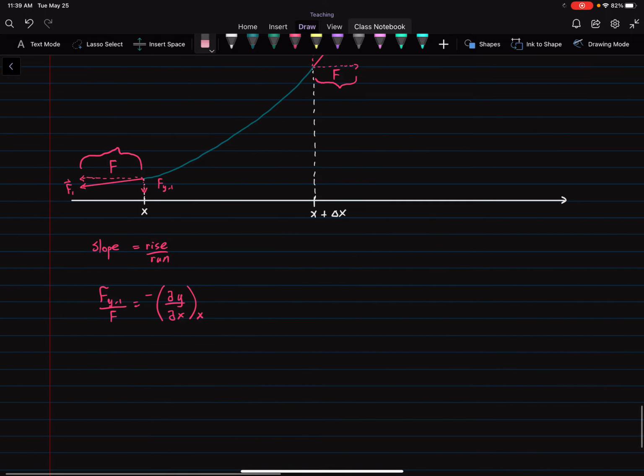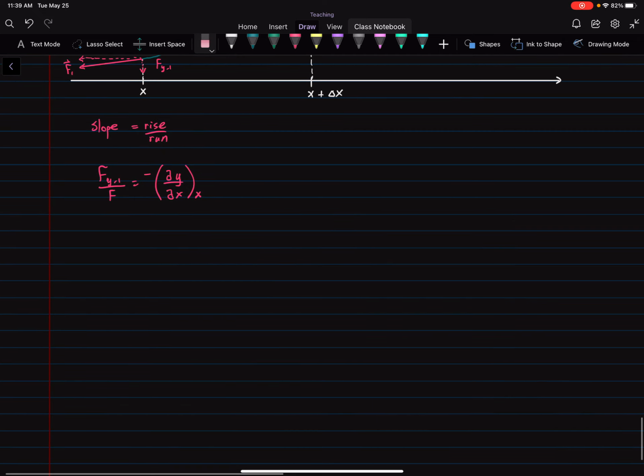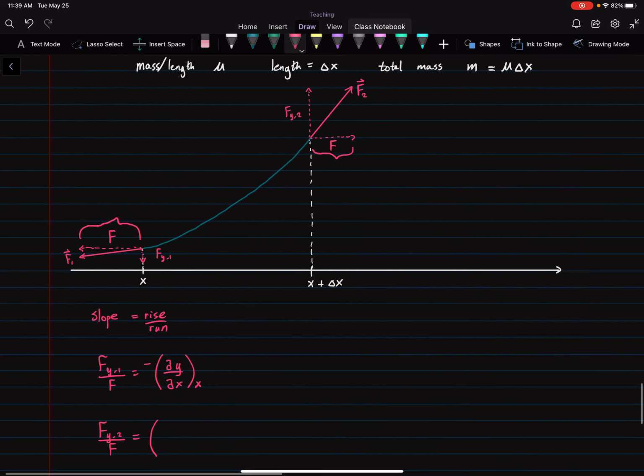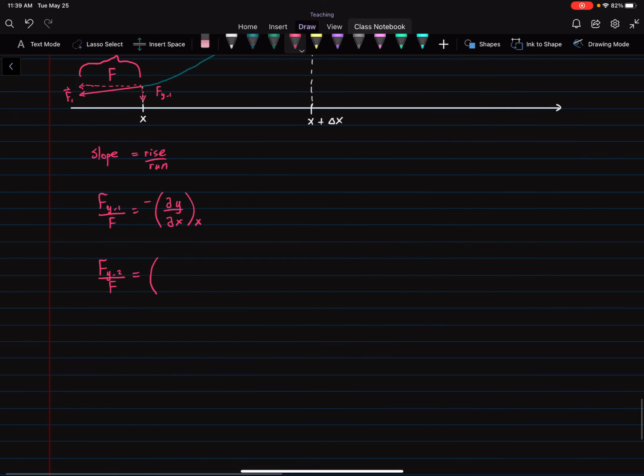Then we would have a different y component. So we have a separate expression for Fy2 over F is equal to this one. You don't have to have the negative there, because Fy2 is positive divided by a positive F. That's positive, and the slope is positive at that point. So you can just write down the slope. And that is at x equals x plus delta x.